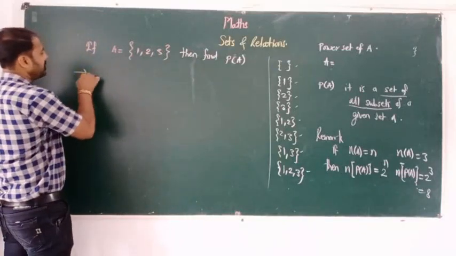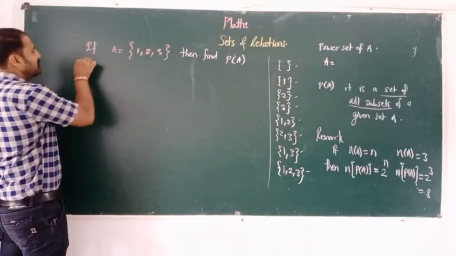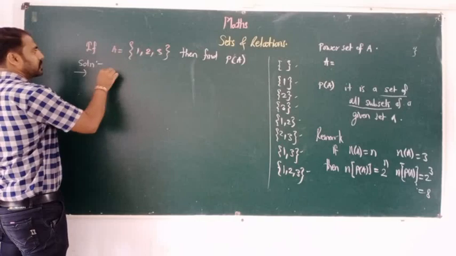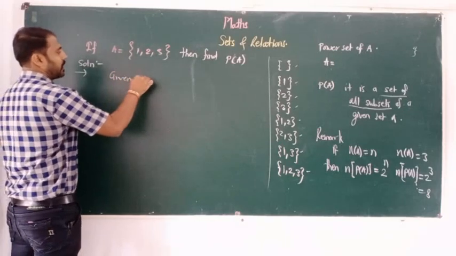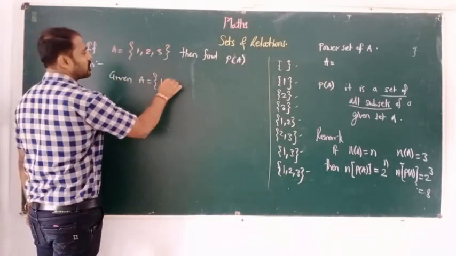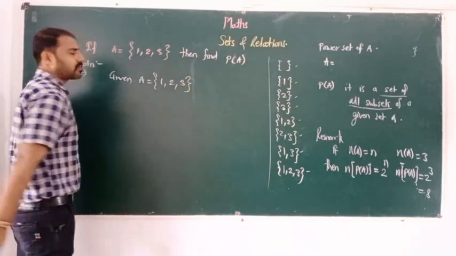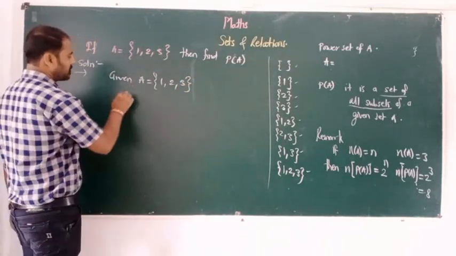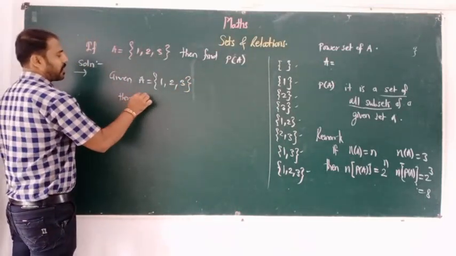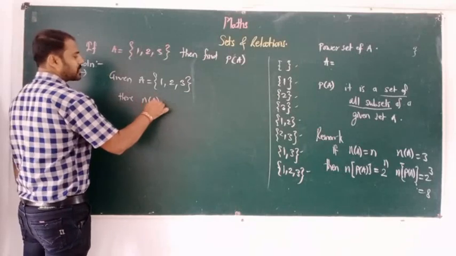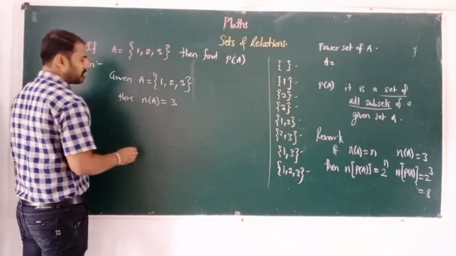So I am writing in the solution: given A is equal to the set of 1, 2, 3. Here n of A, that is the cardinality of A, is 3.